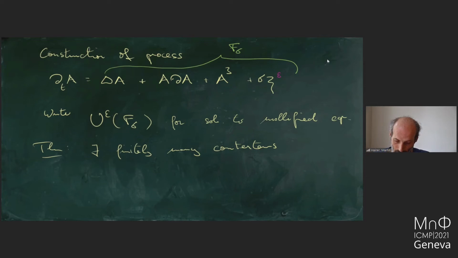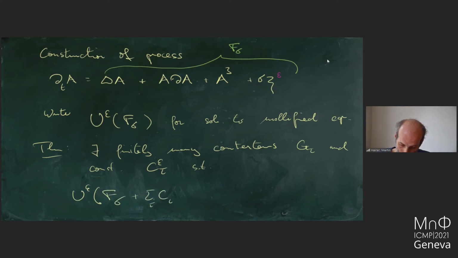So here there are finitely many counterterms, let me call them G tau, and constants C epsilon tau, such that if I look at the solution to a modified equation, so I look at F sigma plus the sum over tau of C epsilon tau G tau, this converges to some limit, which I call U of F sigma.